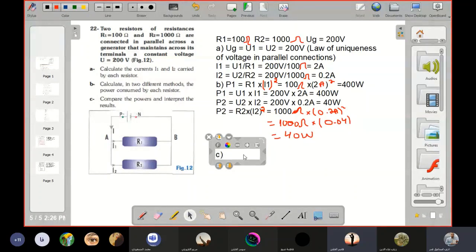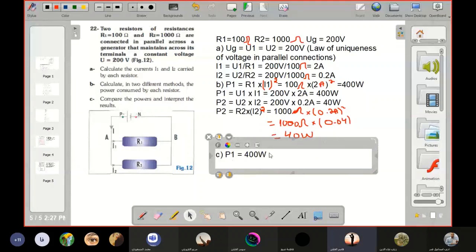P1 equals 400 watts, P2 equals 40 watts. This is the comparison. Now interpret the results.